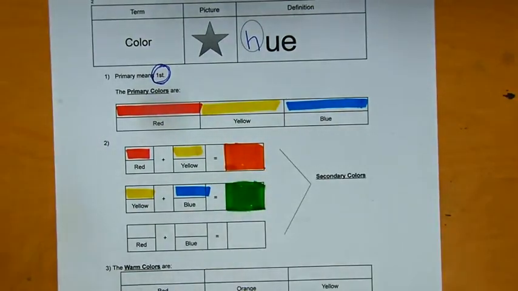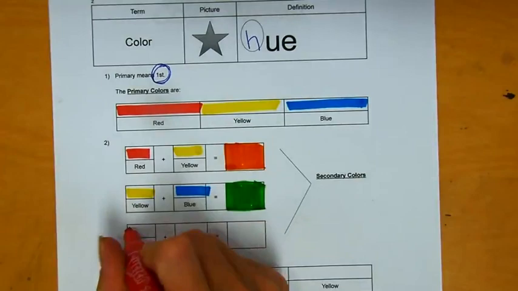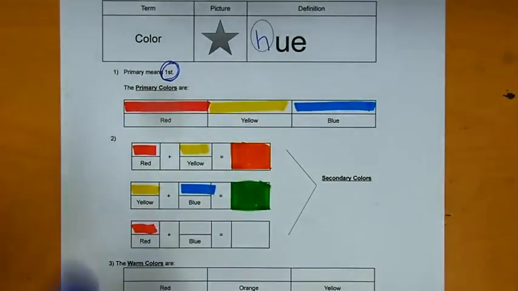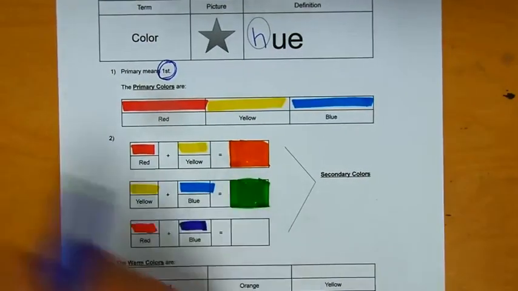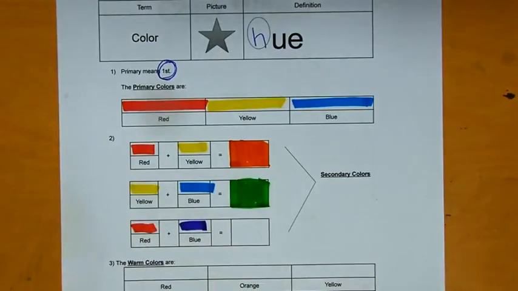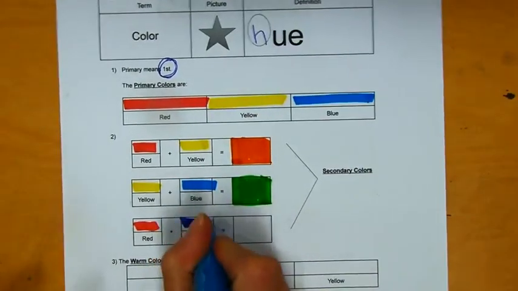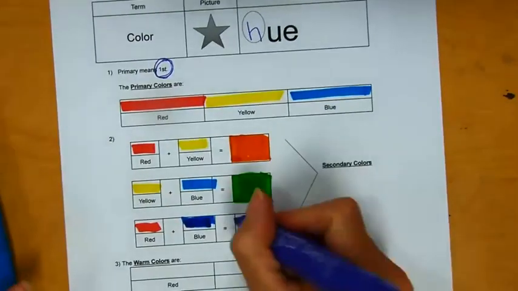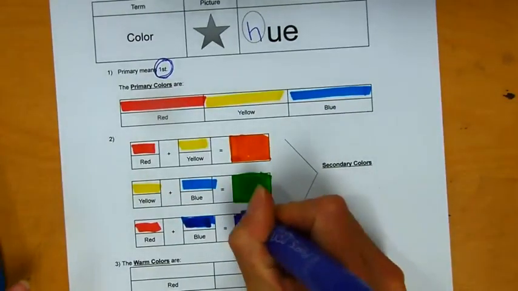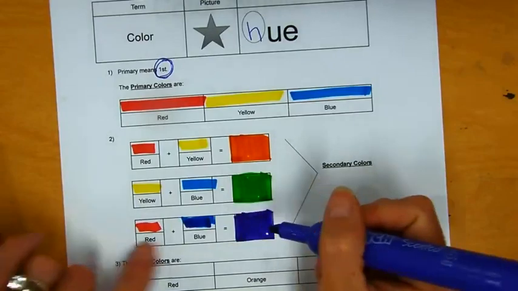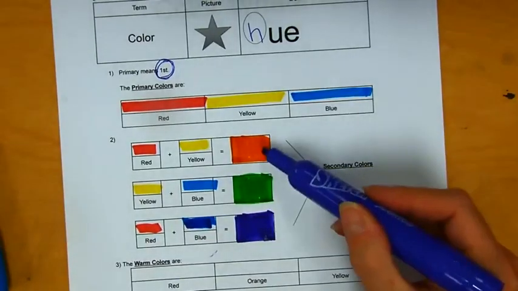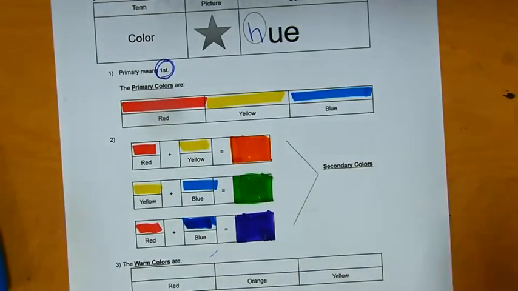And if I mixed red and, I did that wrong. Red and blue, I would get purple. Sorry, my brain was thinking a step ahead. So if I mixed red and blue, I would get purple. So orange, green, and purple are my secondary colors, and I left some space right here.